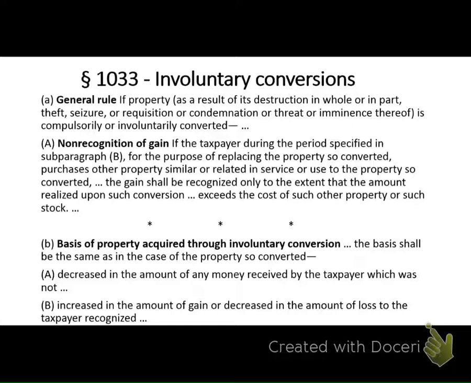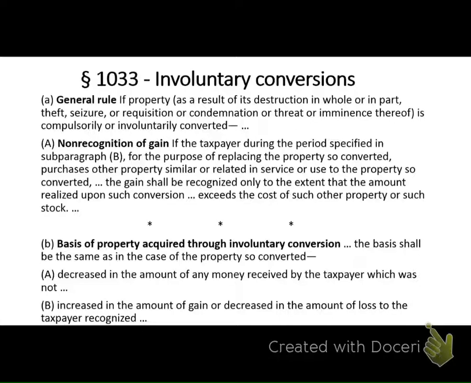All right, so our last provision that we're looking at is 121. With 121, we're looking at exclusion of gain on sale of a residence.